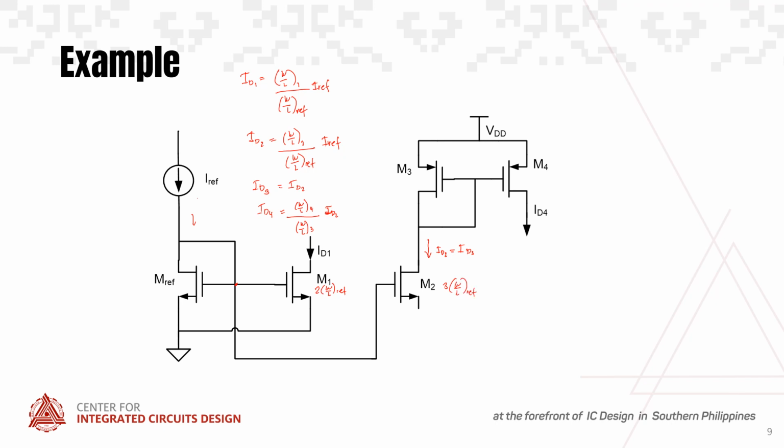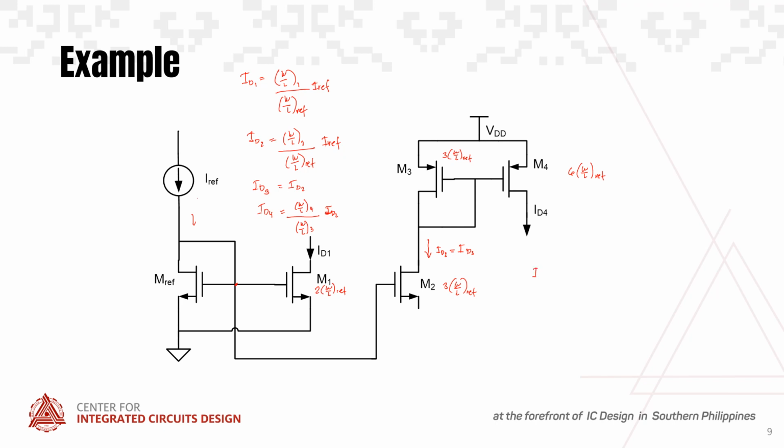And let's say the W/L of M3 is also 3 times the W/L of the reference, and M4 is 6 times the W/L of the ref.